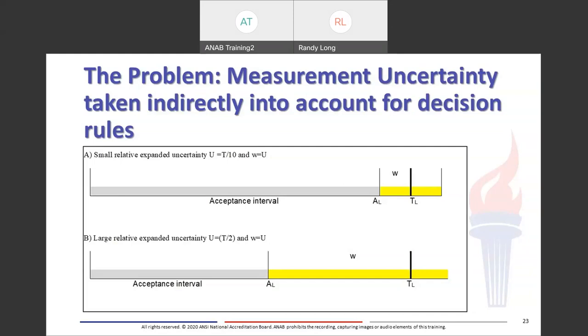So here you can see the yellow is the guard band or W guard band. If you've got a very small uncertainty, that guard band is actually pretty small. But if you have a large uncertainty, the acceptance limit can be pretty much to where you don't have an acceptance limit because there's no possibility of pass if this were your nominal line here.